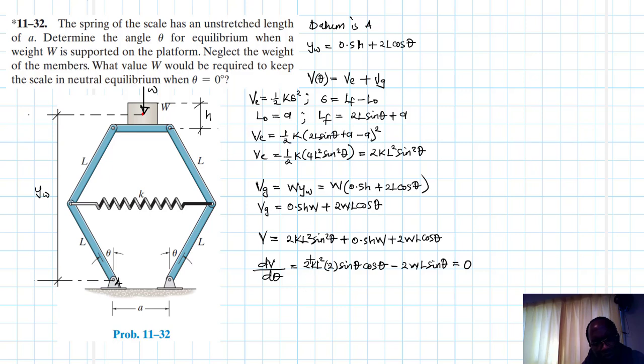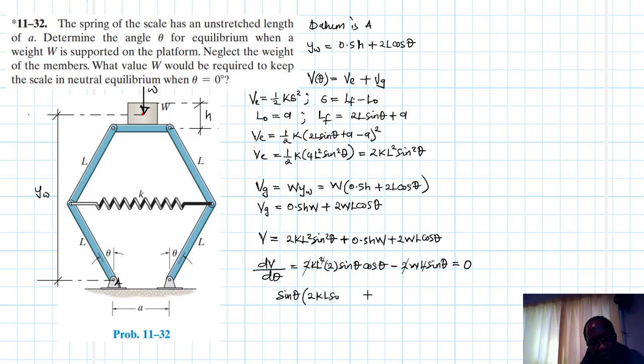Right, so the 2 and 2 can go, 1 L can go, and then we can factor out the sine theta. Then we have 2kl, 1 L remains, and the other one has disappeared.